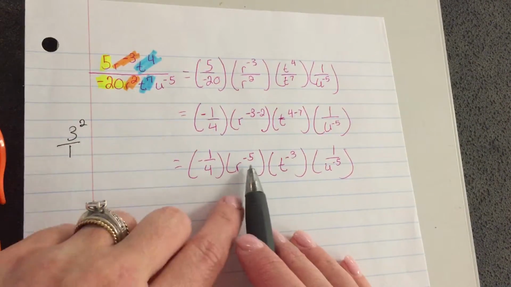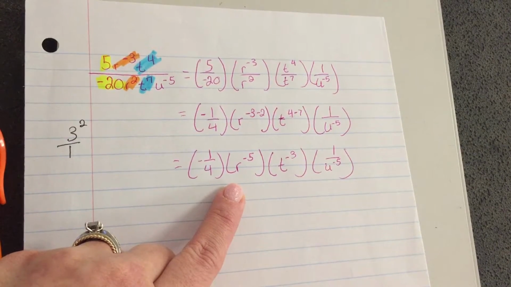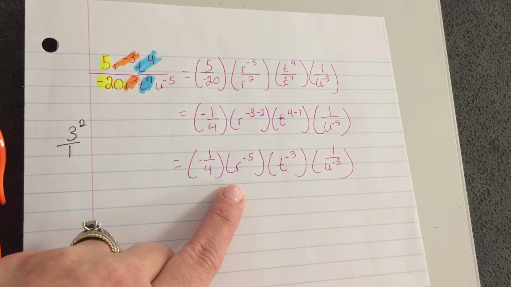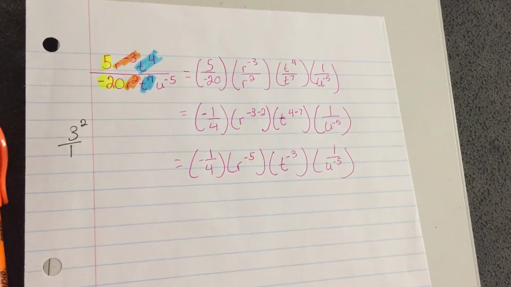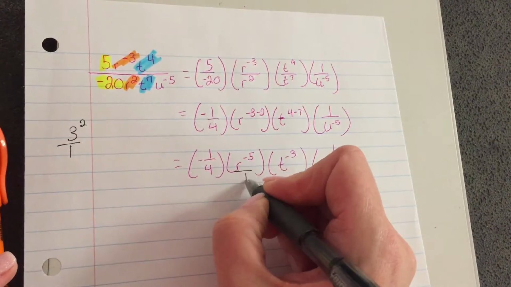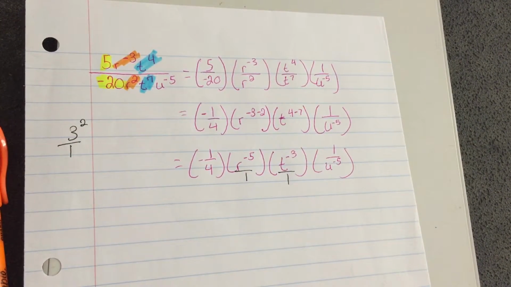If I do not have a number under it, these are in the numerator. If it's not over a number, it's over 1. So what I'm going to do here, so that you can see it, I'm going to do it in a different color. This is technically over 1. This is technically over 1. So to make those negative exponents positive, I have to flip my fraction. I have to use the reciprocal.